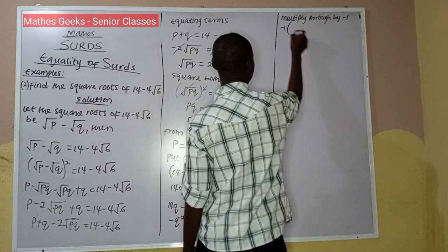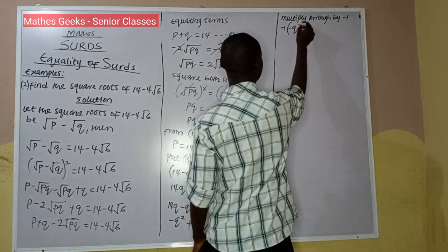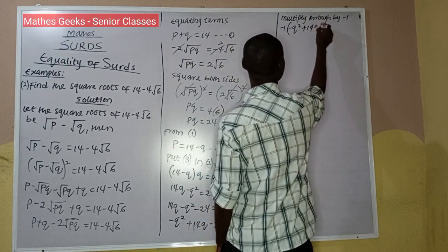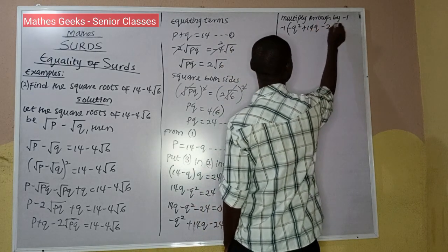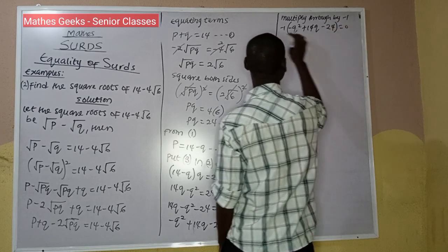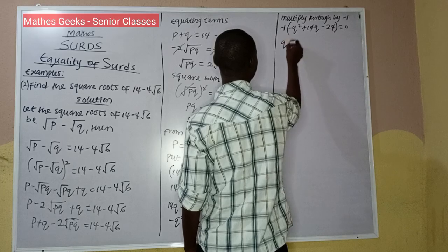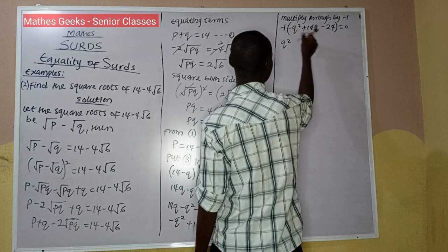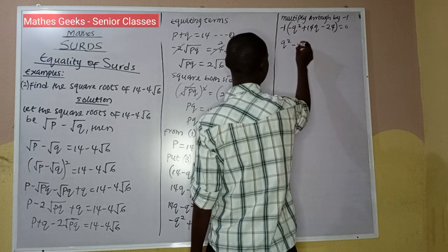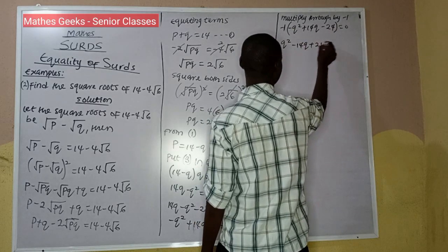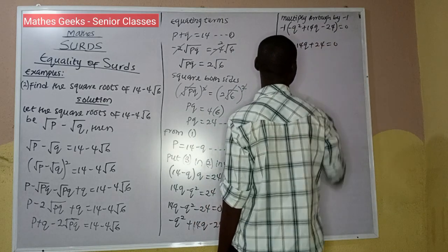So minus 1 times minus q squared gives us q squared. Minus 1 times plus 14q will give us minus 14q. Minus 1 times minus 24 will give us plus 24, is equal to 0.